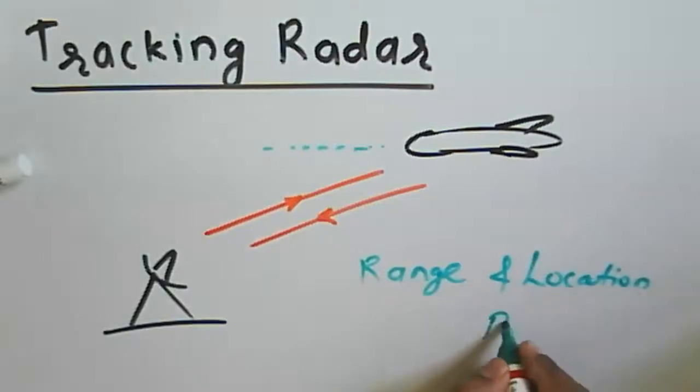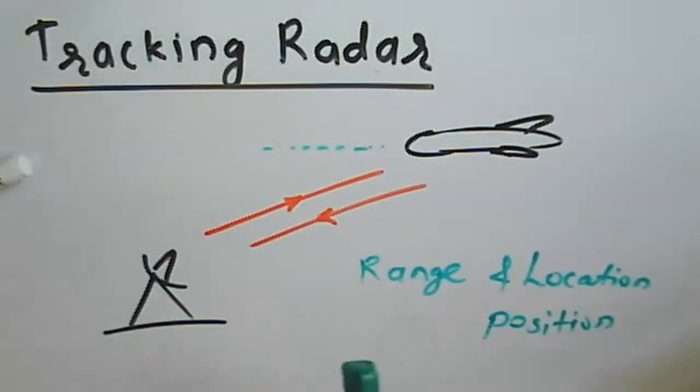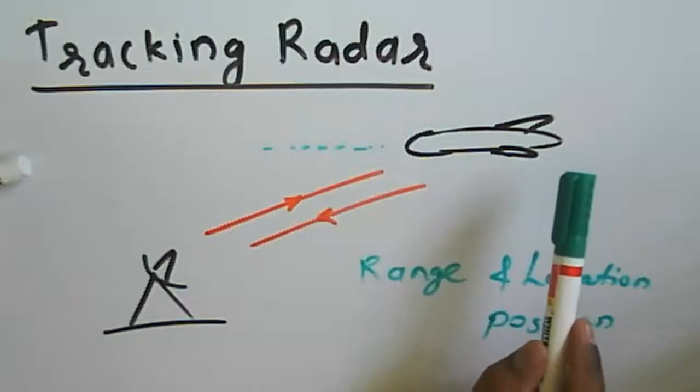None other way we can talk about it, it is nothing but the position of that particular target. Most of the time the target has a position, and that position is nothing but somewhere in space.